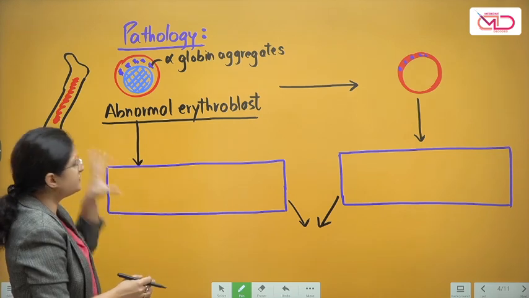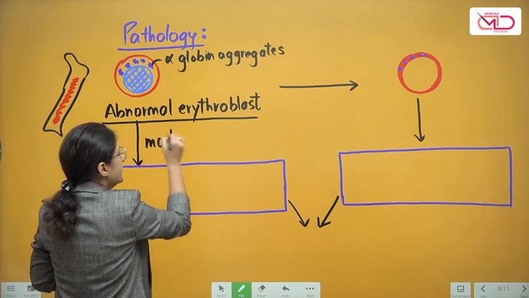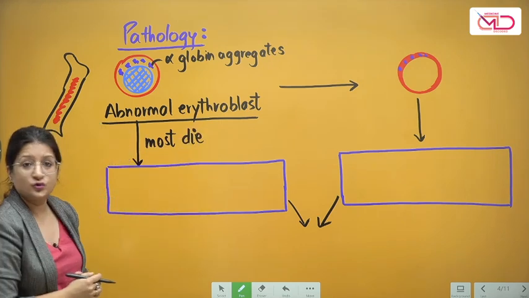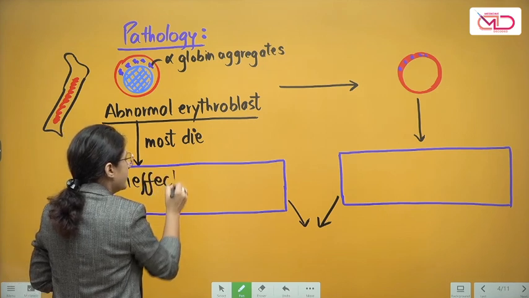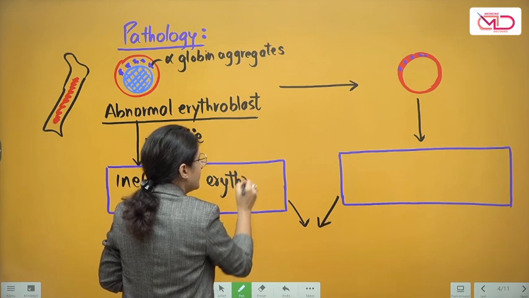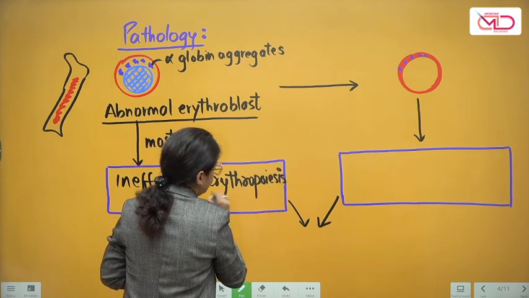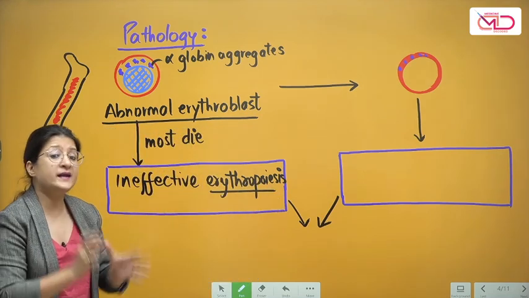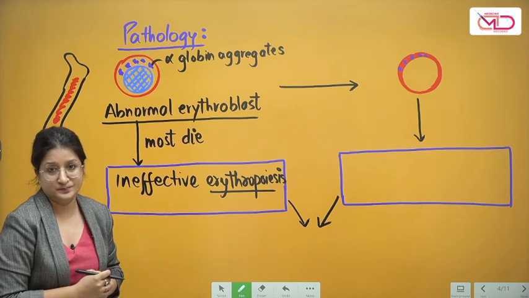Now, most of these abnormal erythroblasts are actually going to die, right? Leading to a situation of ineffective erythropoiesis. So, the red blood cell formation, that is erythropoiesis, is happening, yes, but it is ineffective. It is not terminating well, right?